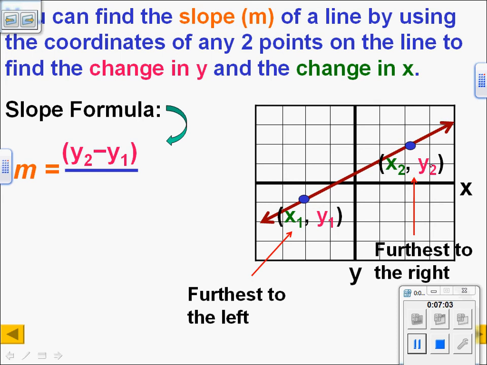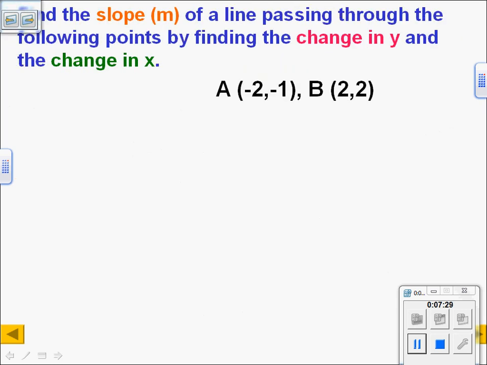We're just calling this one x2 and y2 because that's our second point. It's furthest to the right, so it's our second point. Whereas this one is furthest to the left, so it's our first point, x1 and y1. So y2 minus y1 will tell you the vertical change, or the rise. Now we also need to find the horizontal change. It goes from this x coordinate, in this case -2, all the way up to this x coordinate, which is +2.